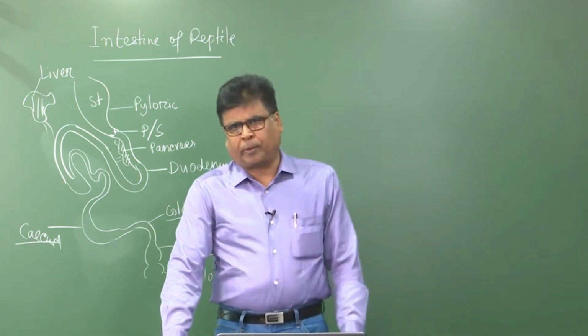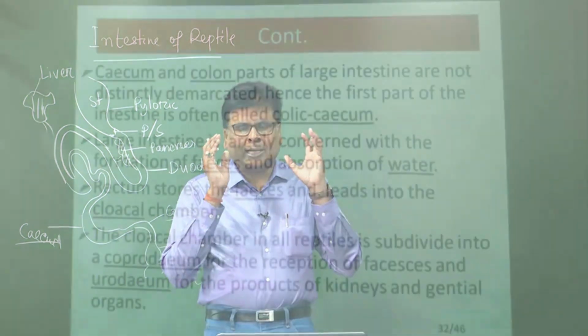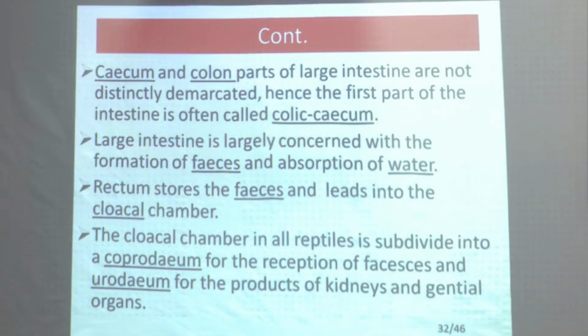In reptiles, this cloaca is not simple, to some extent it is complex. In reptiles, the cloacal chamber is subdivided into a coprodium for reception of the fecal material and a urodium for the products of the kidney and genital organ.